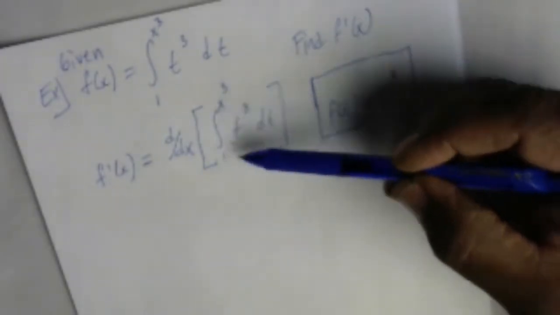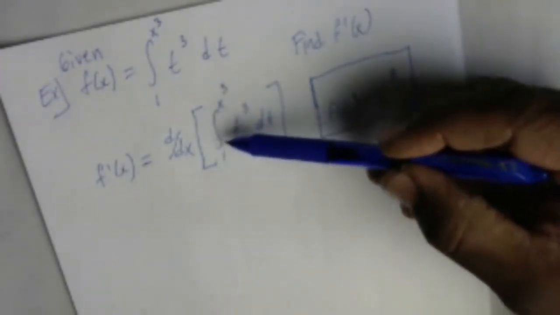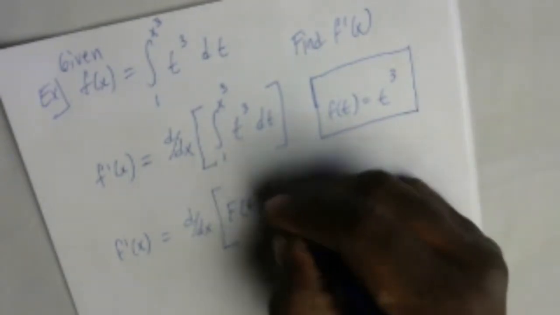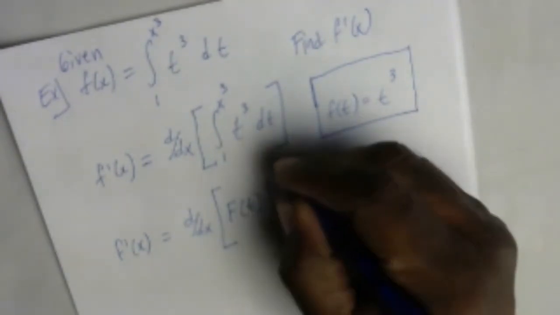All right, so next I'm going to just rewrite this integral using capital F notation. So f prime of x is equal to the derivative with respect to x for capital F of t evaluated from 1 to x cubed.